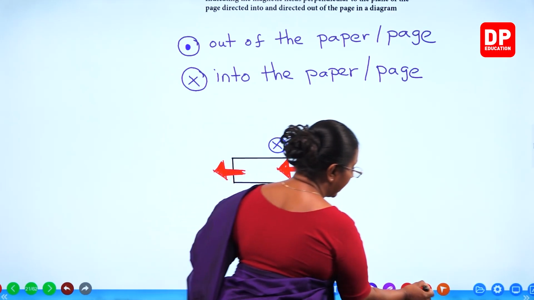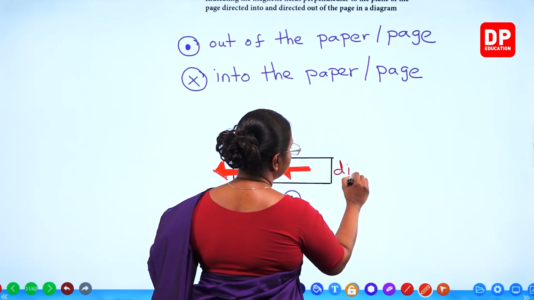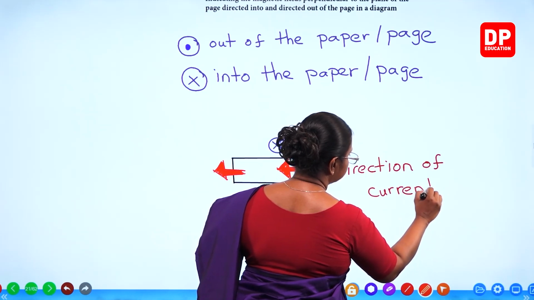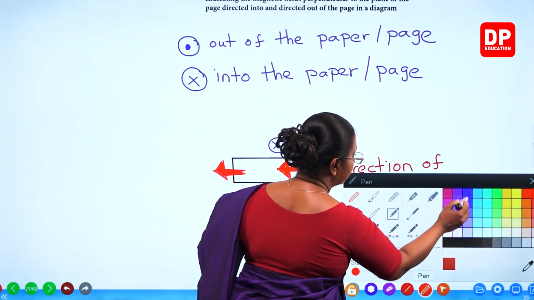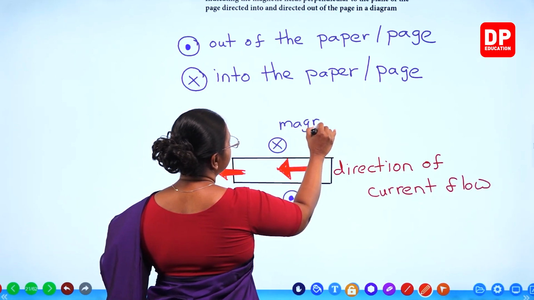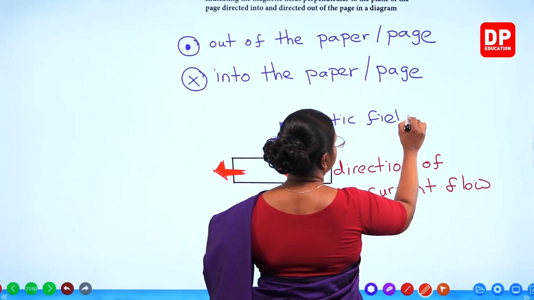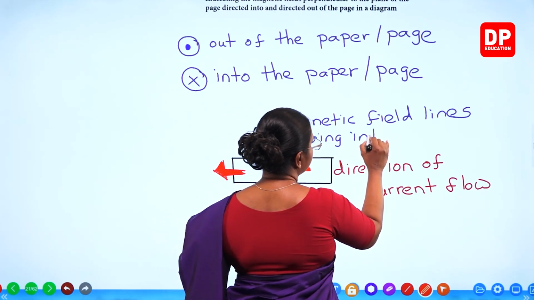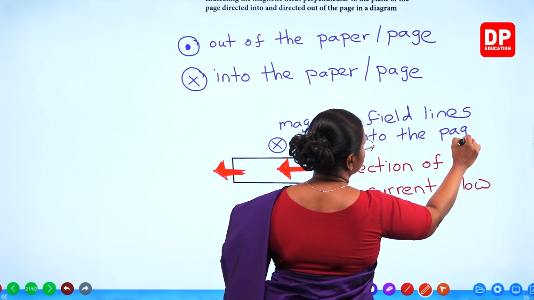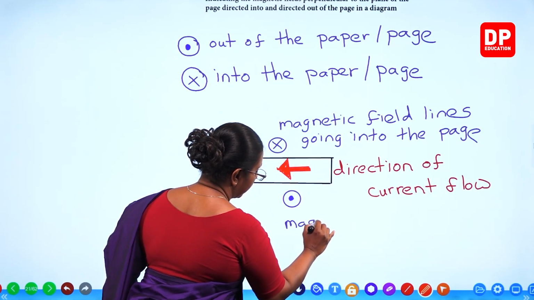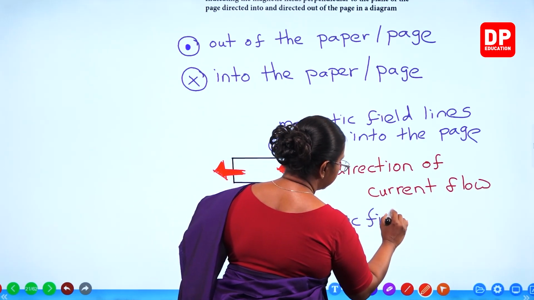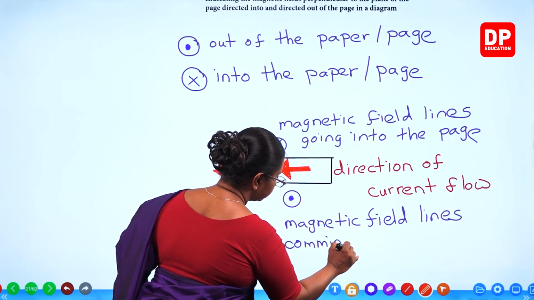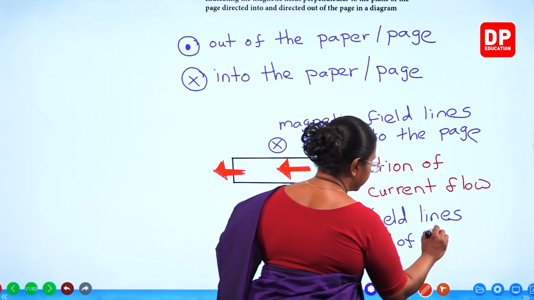So here the red color arrows point to the direction of the current flow, and then we have the magnetic field lines going into the page and magnetic field lines coming out of the page.